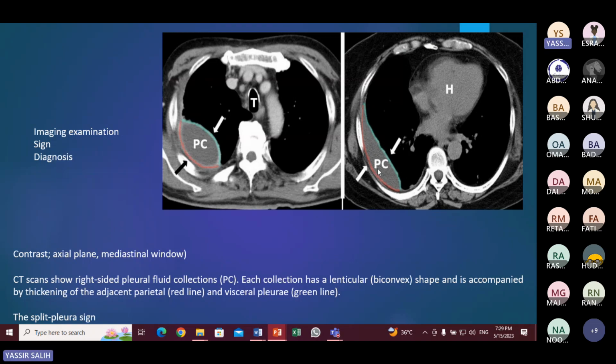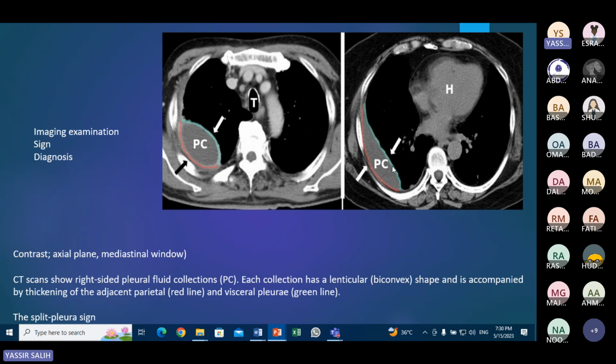It is the split pleura sign, characterized by thickening and enhancement of the pleura. The pleura became more thickened and enhancing with contrast. The green one is the visceral pleura, the red one is the parietal pleura. They become thickened and enhancing with contrast. The enhancement is seen because we have contrast; without contrast they would look white.